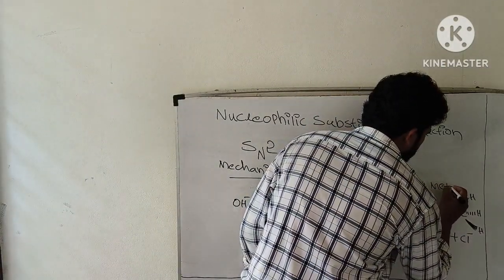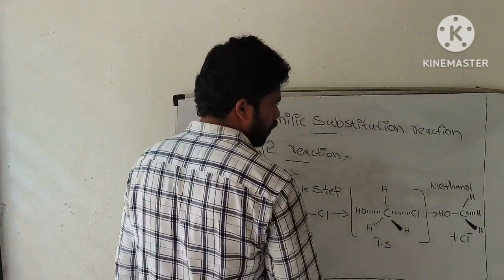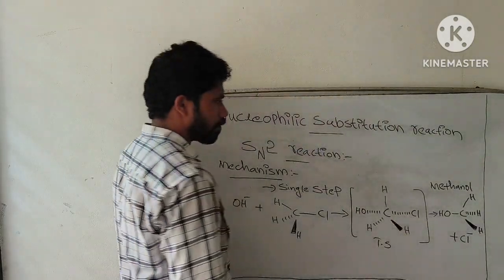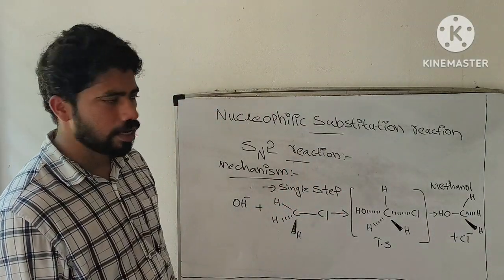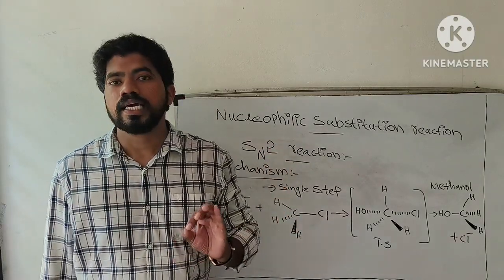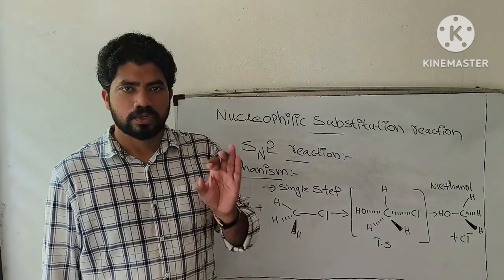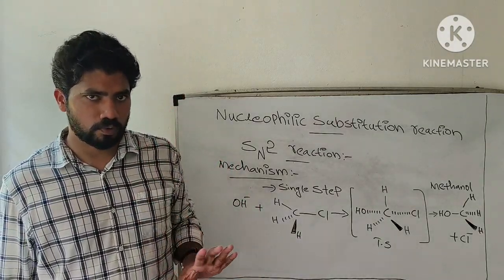Now methanol is formed and the leaving group has left the substrate molecule. And I told you one very important matter in this reaction: the rate of reaction depends on the concentration of both the nucleophile and the substrate molecule.